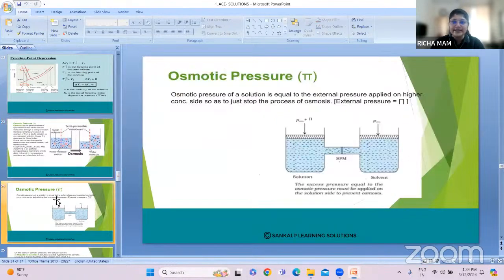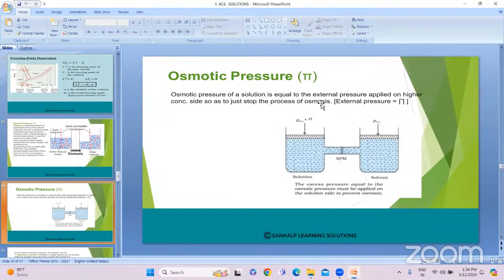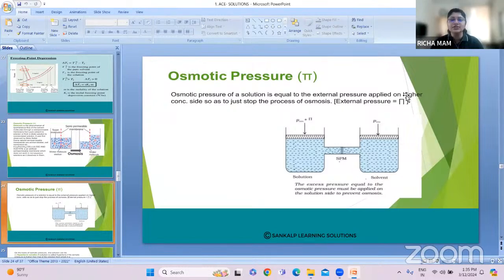So here you can see the external pressure applied on the higher concentration side, ma'am. Yes, higher concentration means your solution side. So you are applying a high pressure, the excess or extra pressure, so that the flow of solvent molecules through the semi-permeable membrane will be stopped.